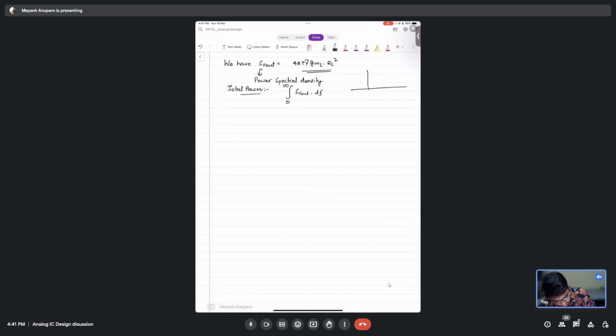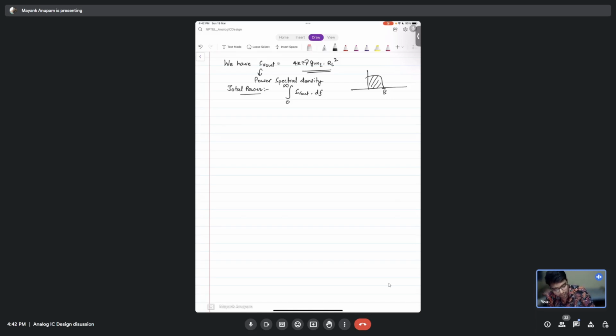Let's say your signal is only from here till here, from let's say some bandwidth B. So there is no point in calculating noise everywhere, because noise outside of this will not be affecting your signal at all, isn't it?